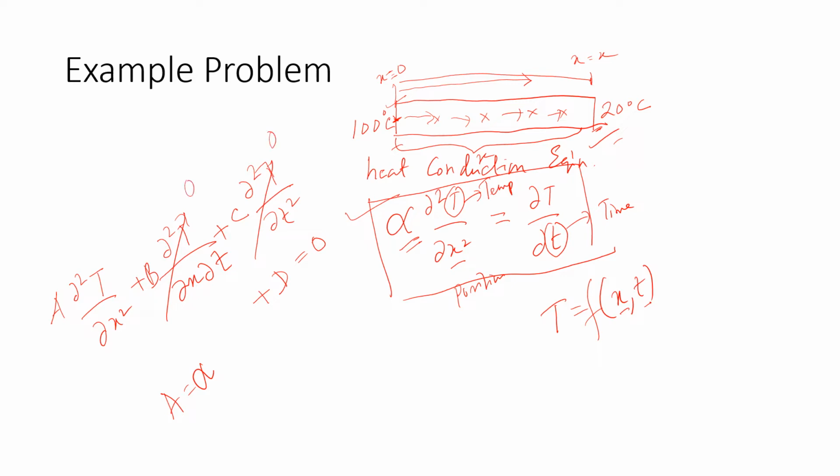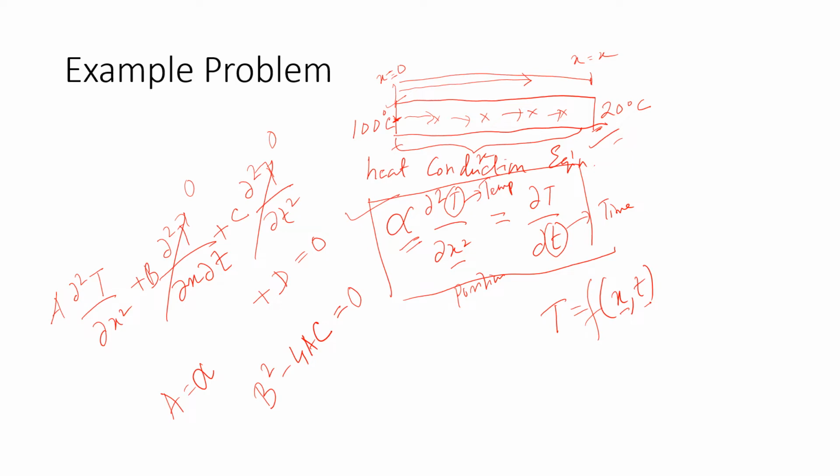So both of these coefficients are 0. So b square minus 4ac, if it is equal to 0, then this equation is a parabolic equation.